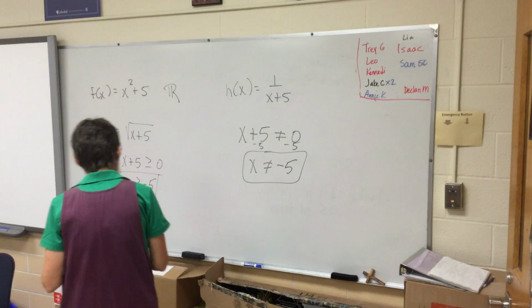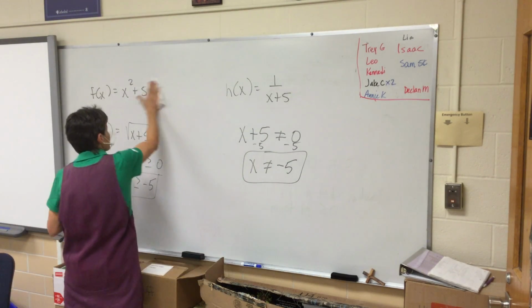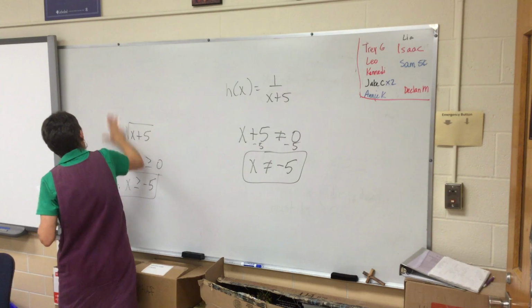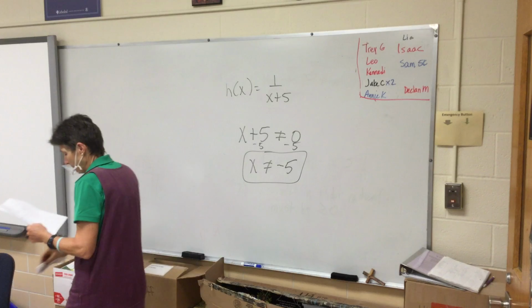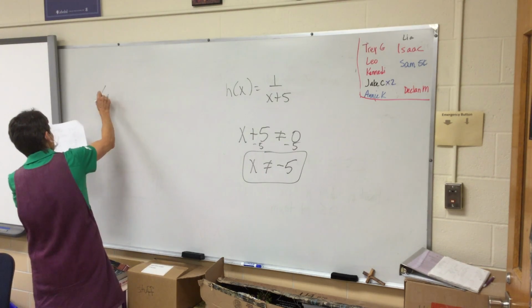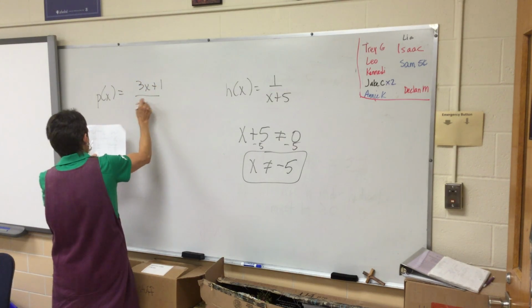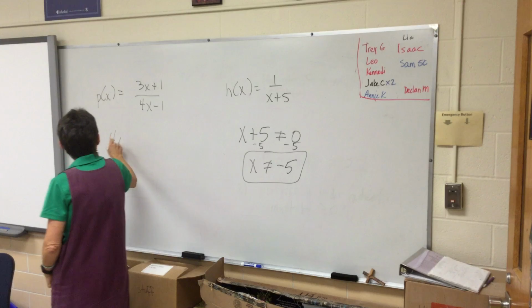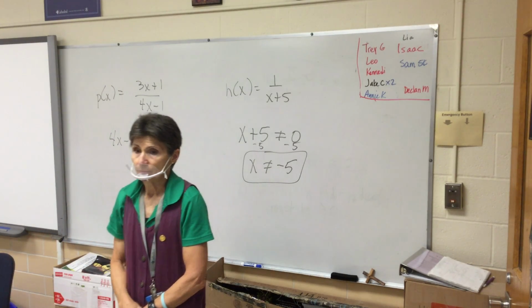Okay, how about D? Again, think about your two things. Does this problem have a radical? No, so I don't need to worry about that. Does this problem have a denominator? Yes. And the rule is the denominator cannot be 0.